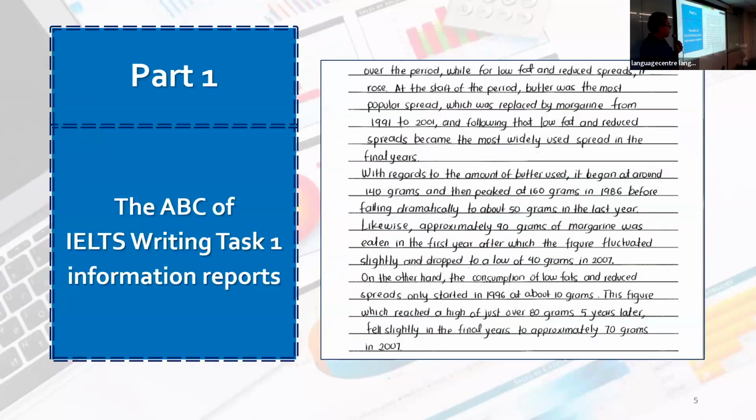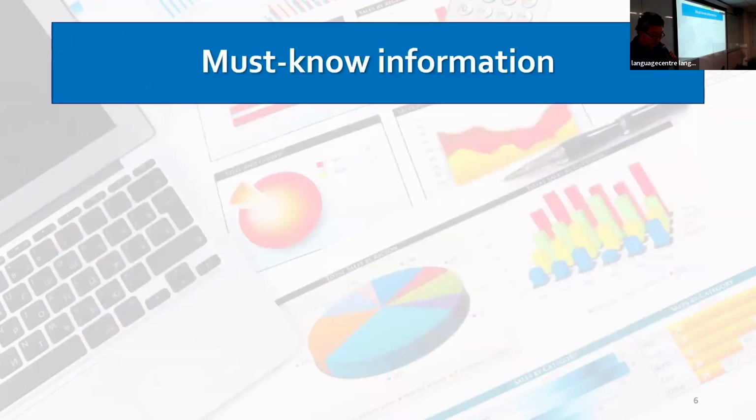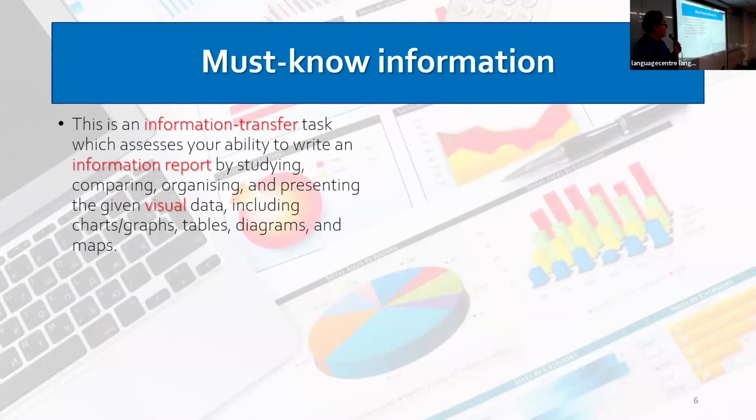Let me begin by giving you some background information about what you need to bear in mind for your information report in IELTS Task 1. This is an information transfer task. What does it mean by information transfer?